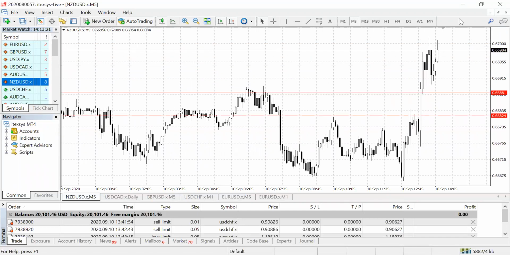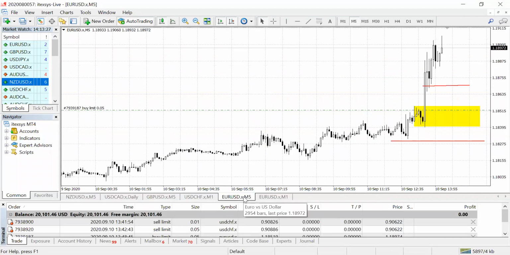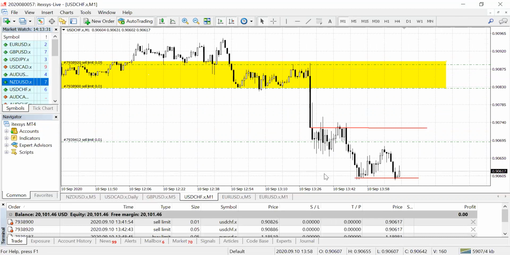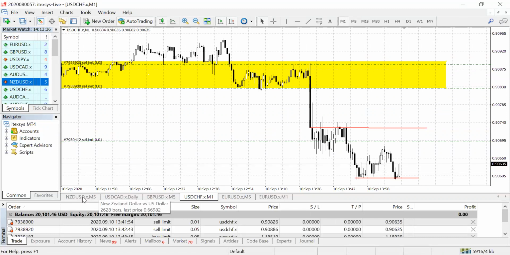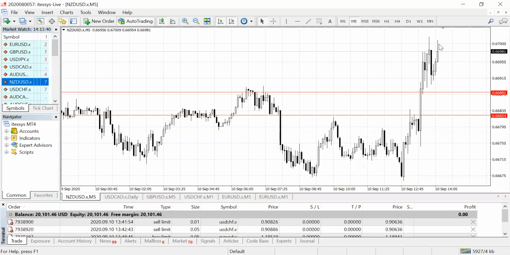I would try to go long on this market, New Zealand USD, but it's not as strong as the Euro USD, and it's not as strong or weak as the USD franc. But anyways, my bias on the New Zealand USD is a buy. I would be looking for opportunities to buy, not right now. We need to wait for some pullback.